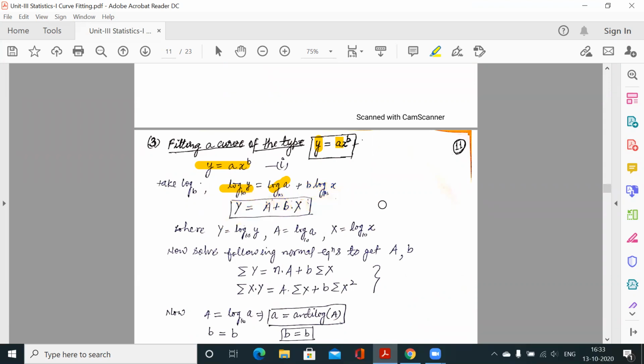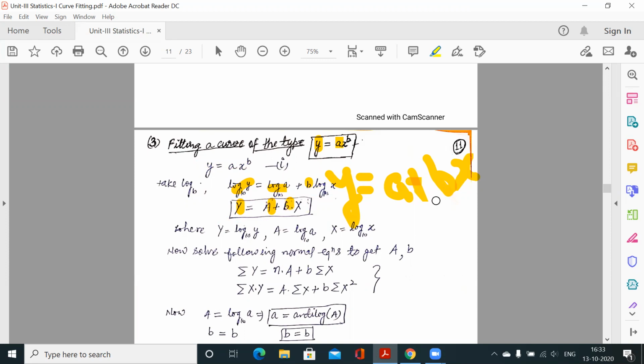because what was the form of straight line? Straight line, y is equal to a plus bx. Clear? So if we compare this, this log y must be a y type, so capital Y. This is small a, but here we have log a, so we have converted this log a into capital A. Next, this is b, so b is b here, no problem.